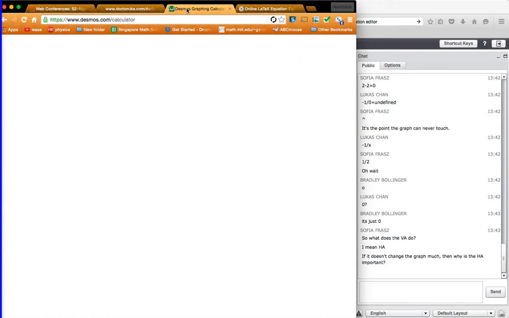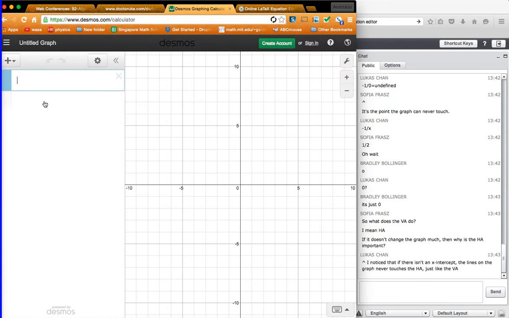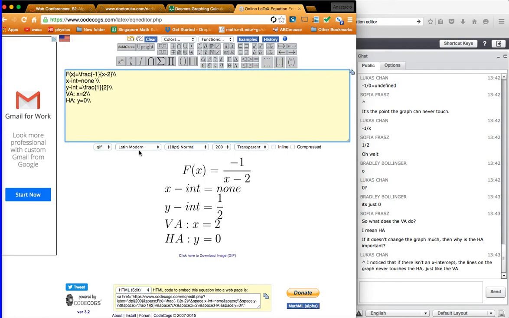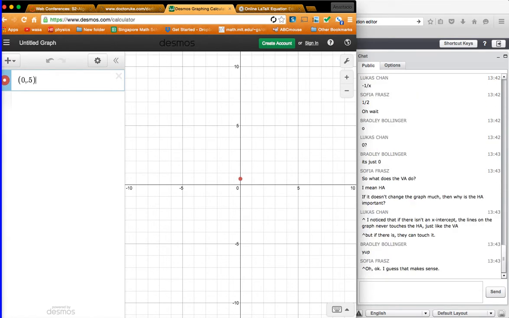So if I go to Desmos, here's what I'm thinking. I want to graph the point, my y-intercept is at 0, 0.5. All right, that's my y-intercept. Got it?